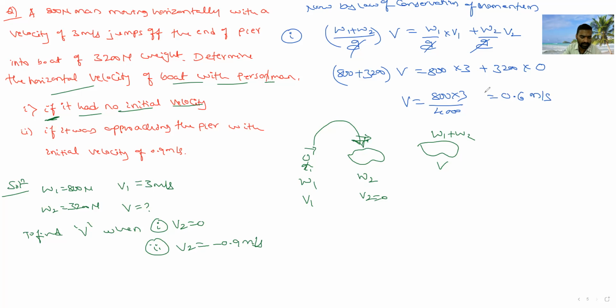Then find out the second case. For the second case, same: 800 plus 3,200 into V is equal to 800 into 3 plus 3,200 into minus 0.9.